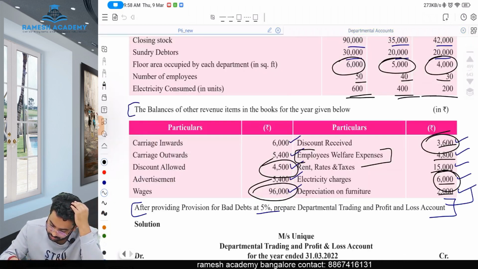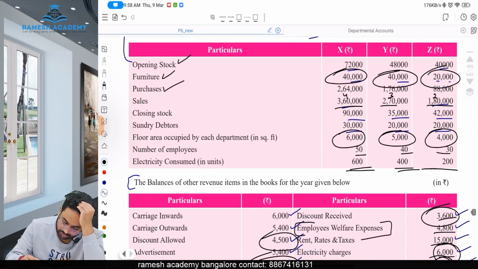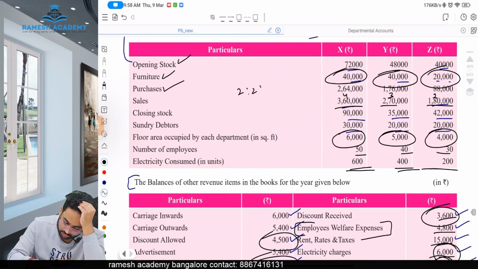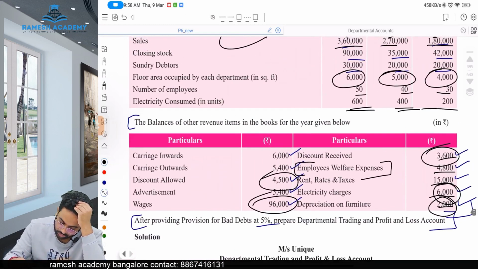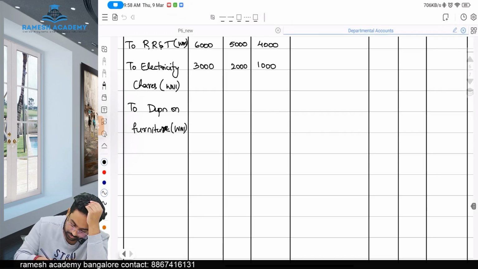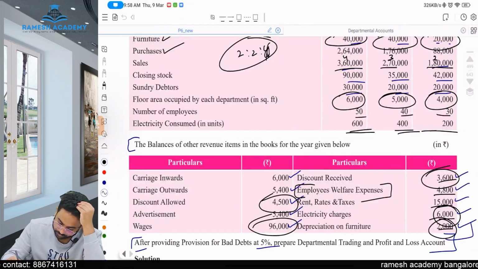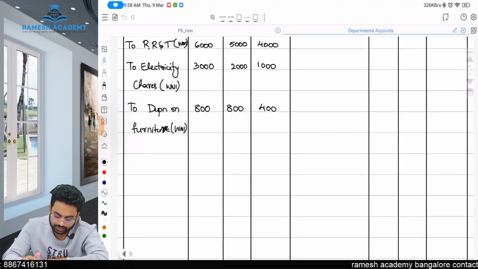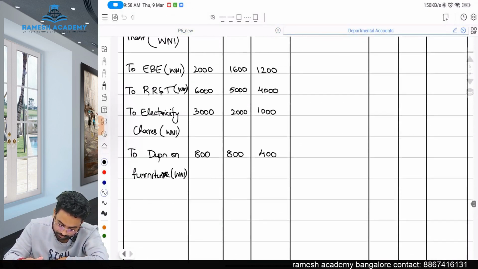Total depreciation was 2,000 and the value of the asset was 2:2:1. So 400, 400 into 2, 800, 800, 400, right? 800, 800, 400. Now we can find out the net profit or net loss.